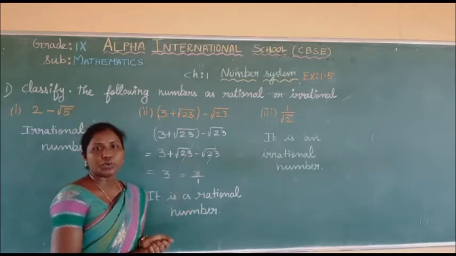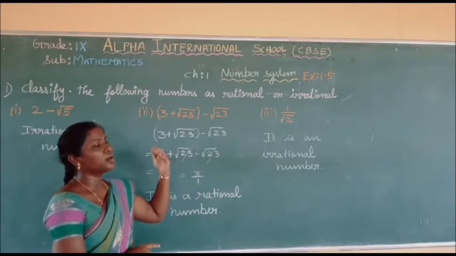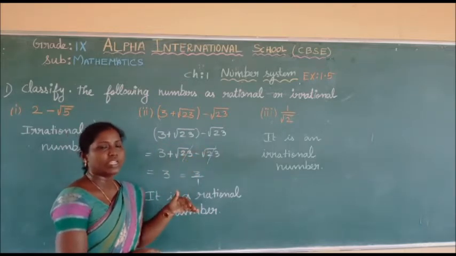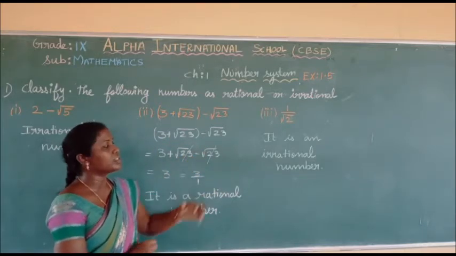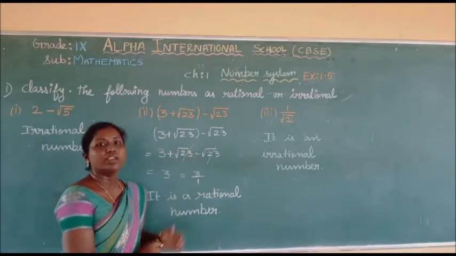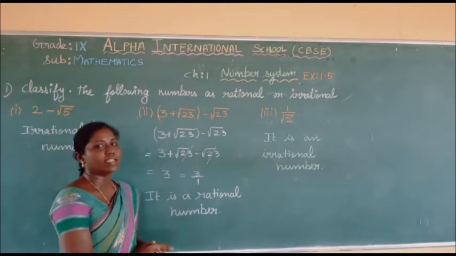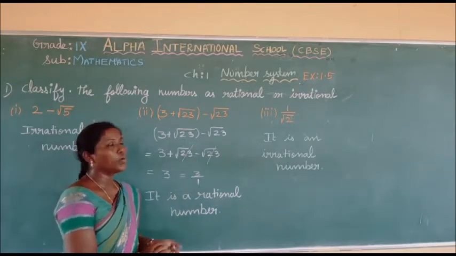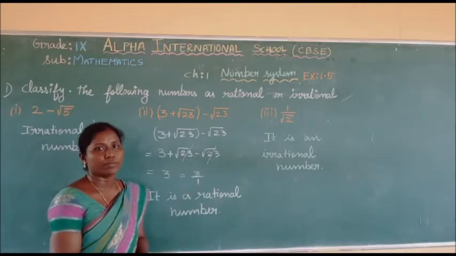Likewise in division also, if you are dividing a rational by an irrational or an irrational by a rational, surely the result is also an irrational number. If any question is given in the form of simplify, you have to simplify and check whether the answer is a rational or irrational number. Okay children, so we'll solve the second problem now.